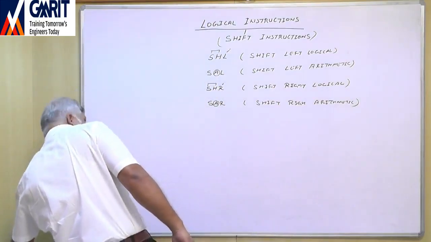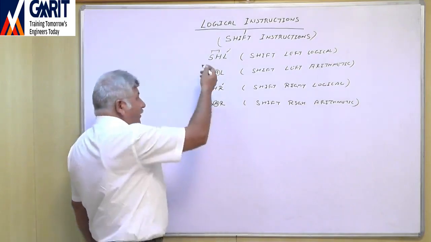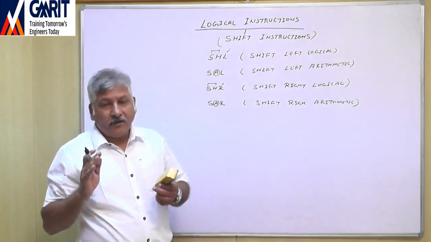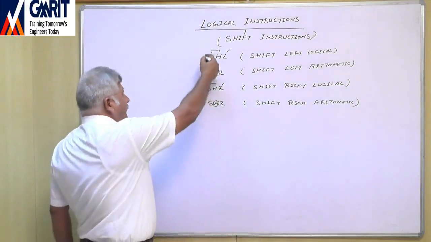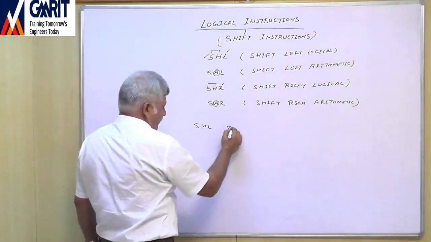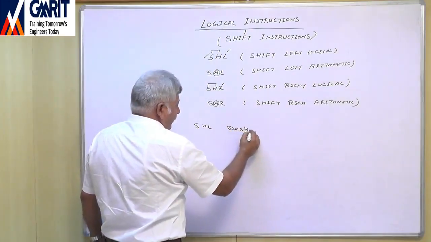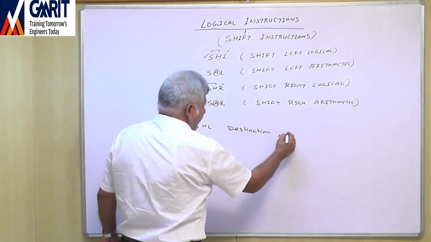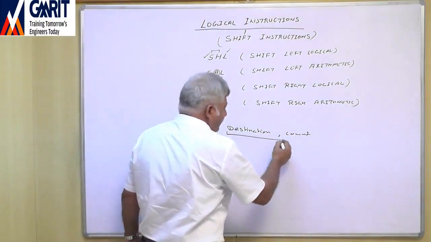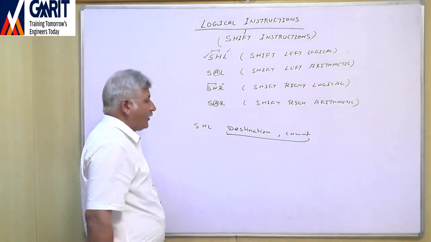Now just like the rotate instruction, it also has two operands, one destination and count. For example, for the SHL instruction, I will write destination, comma, count. So the operand is exactly the same as our rotate instruction.